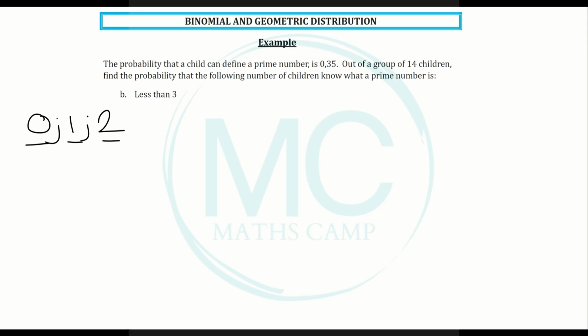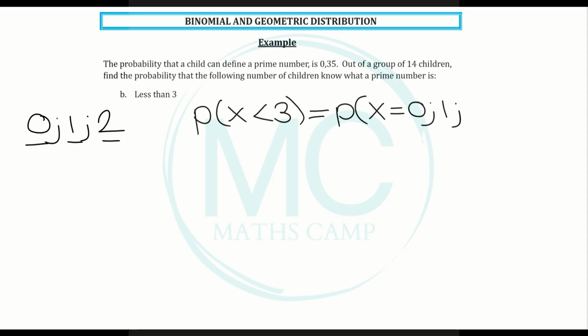So I can say the probability that X is smaller than 3 is equal to the probability that X is 0, 1, and 2. This means that we need to fill 0, 1, and 2 into our r value in our formula for each value of X. So let's start when X is 0.